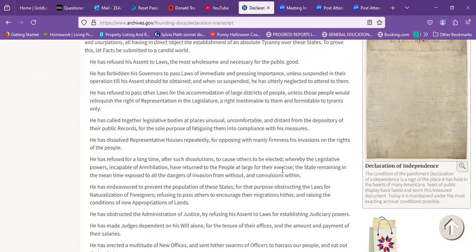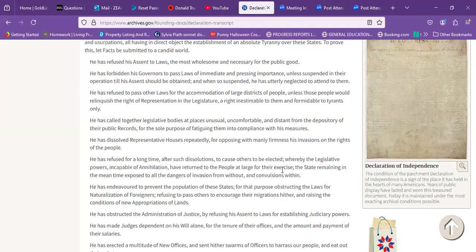He has refused his assent to laws, the most wholesome and necessary for the public good. He has forbidden his governors to pass laws of immediate and pressing importance, unless suspended in their operation till his assent should be obtained. And when so suspended, he has utterly neglected to attend to them.